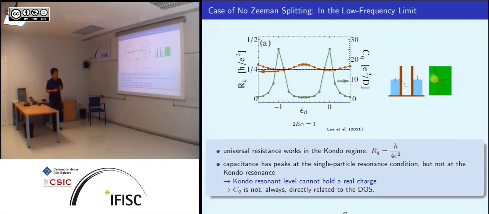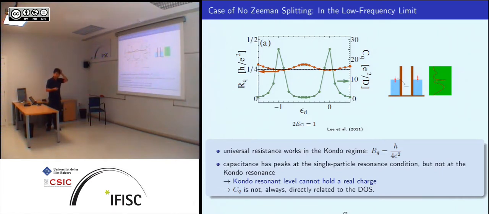The Kondo effect induces a kind of artificial resonance at the Fermi level, which can contribute to charge transport. So it acts like there is some resonant level here, which means we have a very large density of states here.